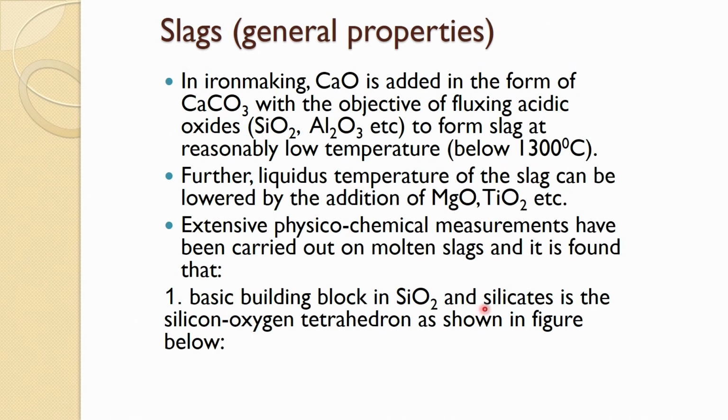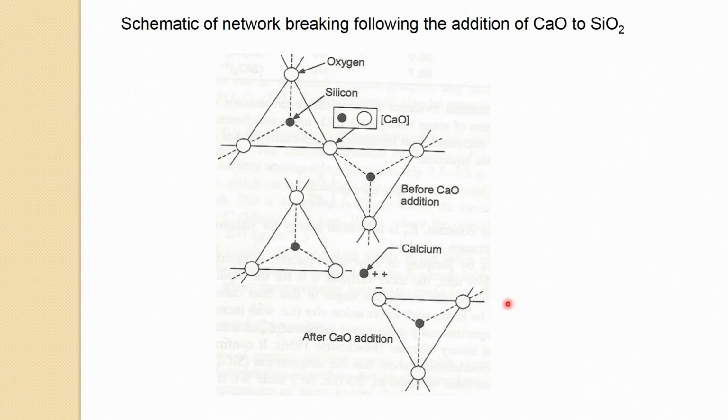in SiO2 and silicates is the silicon oxygen tetrahedron, as shown in the figure. You can see this is a tetrahedron, the basic block for silicates, with oxygen atoms and a silicon atom in the middle. So this is the basic block of slags.